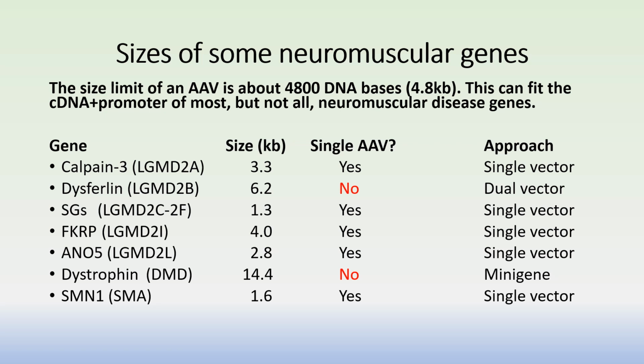For most of these genes, with only a couple of exceptions, the cDNA, after splicing all the introns out, is small enough to fit in a single AAV. Now, there are a couple of exceptions, but we are still working on gene therapy for these because there are a couple more tricks that we can play.